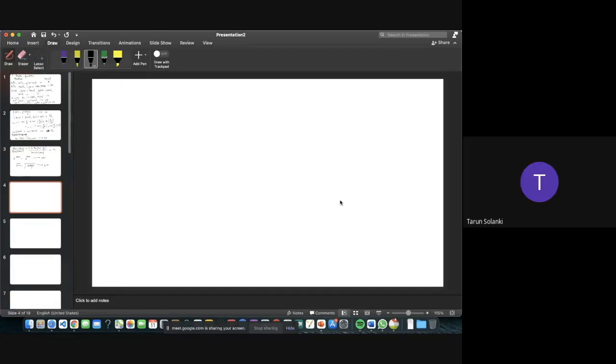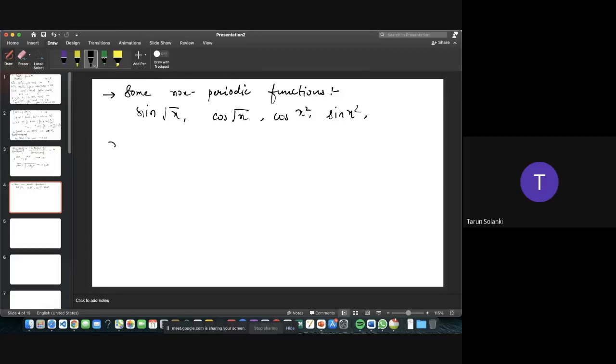Yeah. So next are the non-periodic functions, right? So let me write some non-periodic functions. Okay. So like sine root x, cos of root x, cos x square. Similarly, sine x square, and here x square plus minus cos x.